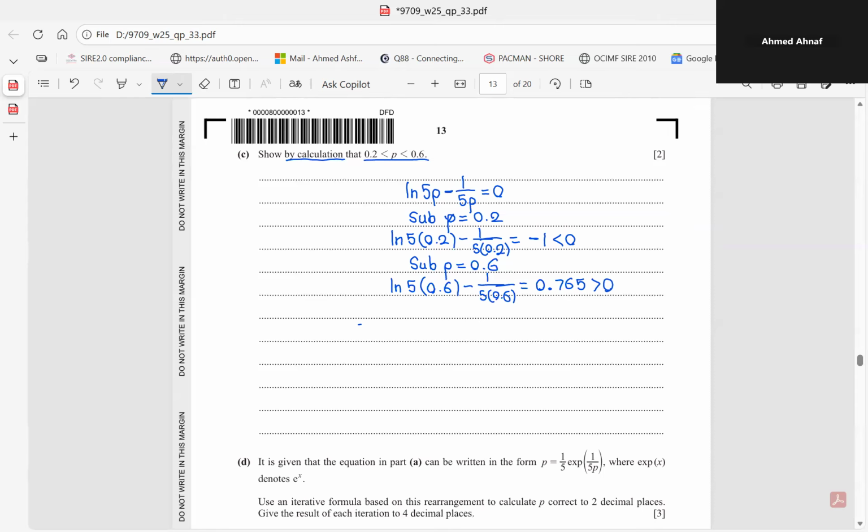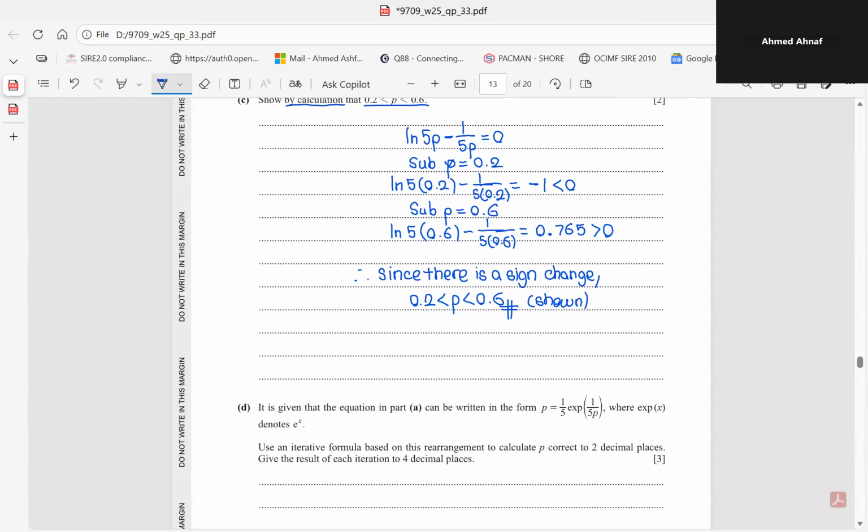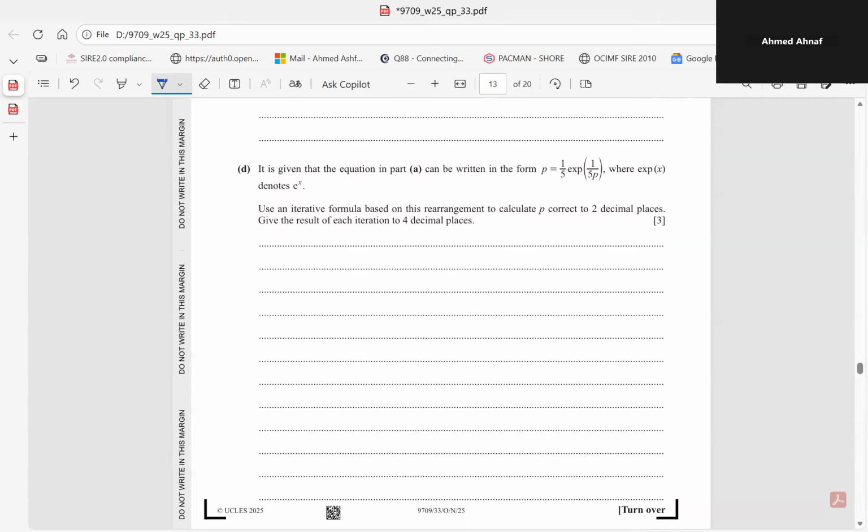So we can say that since there's a sign change, P lies between 0.2 and 0.6. So yeah, we can write shown here. With that, let's head on to the final part.